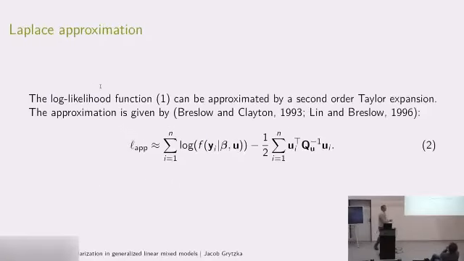And this looks like this. So we have this separate form with the fixed effects on the left-hand side, and then this quadratic form of the random effects on the right-hand side. And this is the approximation we use here.